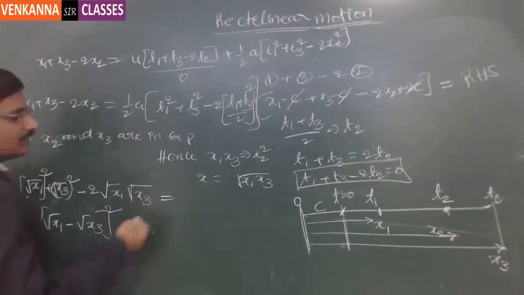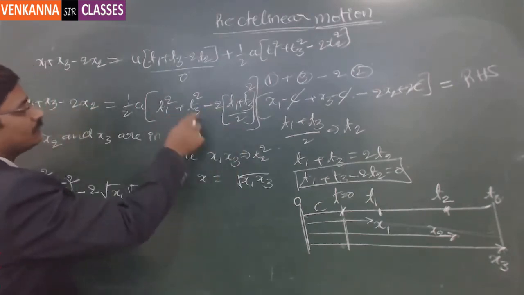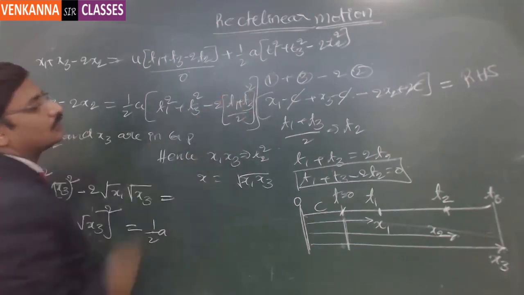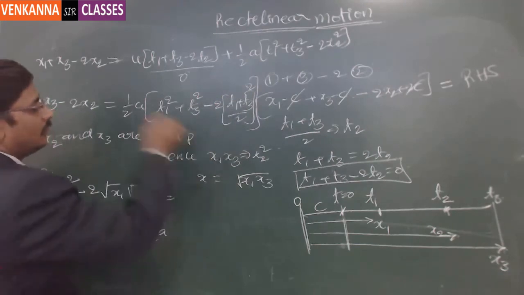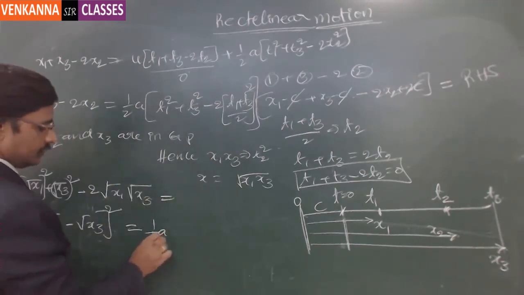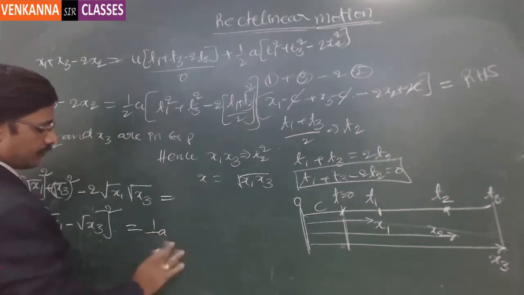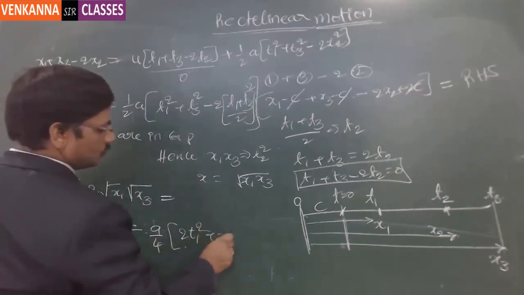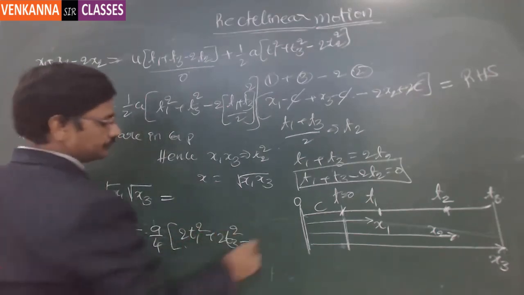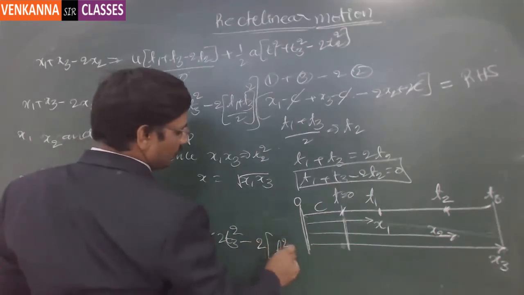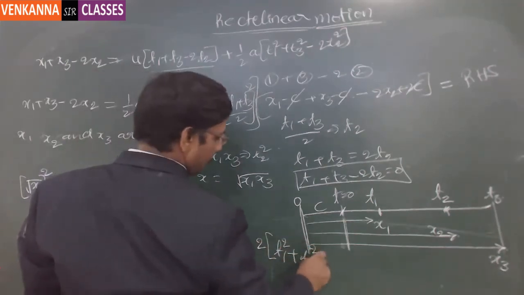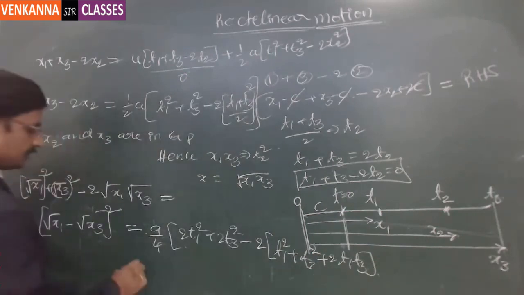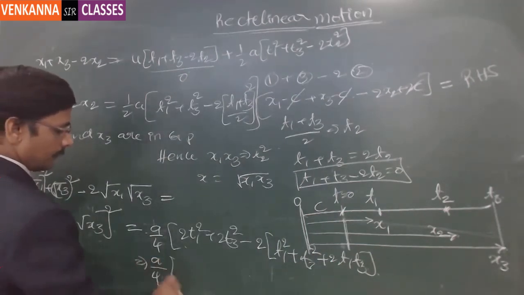So on the right hand side, after simplification, half a into, so this 2 will cancel, and out of 4, then actually 1 by 2 will be left over, and if you take the LCM, then this is by 2, again it comes a by 4, 2t1 square plus 2t3 square minus 2 times (t1 square plus t3 square plus 2t1 t3). So after simplification, a by 4.